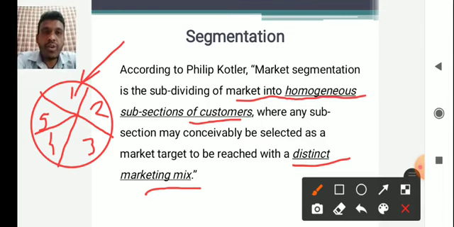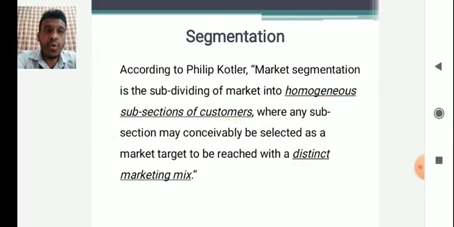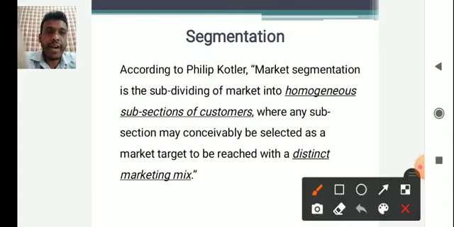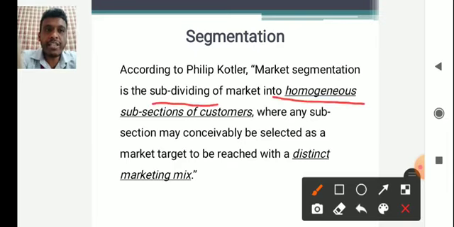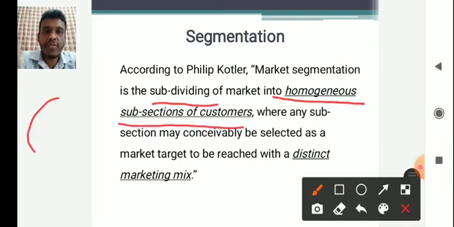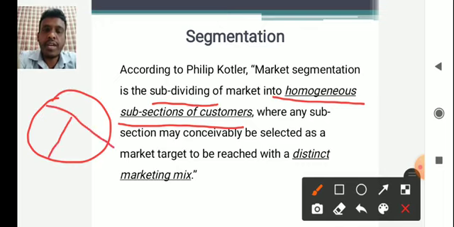In market segmentation, you are dividing the entire marketplace into various subgroups, and each subgroup is homogeneous. For example, if you are dividing this marketplace into three sections, 1, 2, 3, all the people within this section are similar to each other, that is, they have some common characteristic.